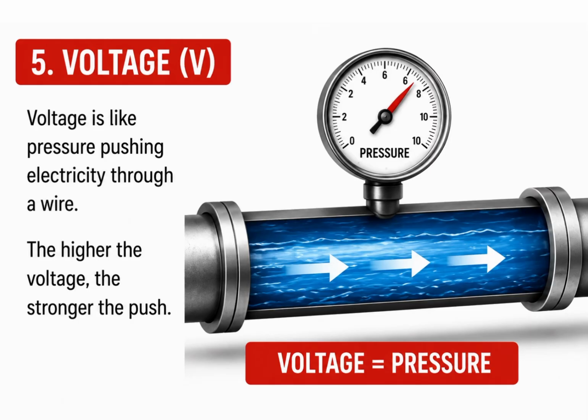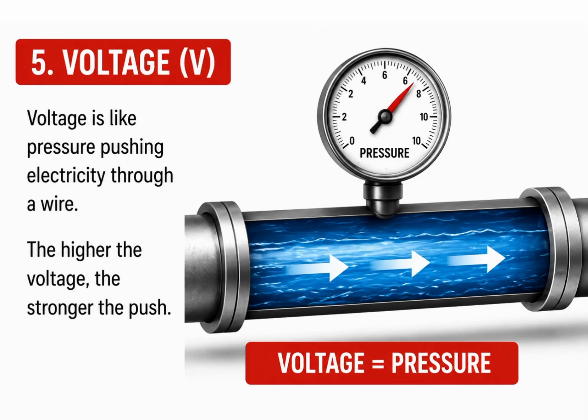So now I'm going to start explaining voltage, and I'm going to use the water analogy, like we always use to explain this, because a lot of people have seen how water flows through a pipe or through a tap. So using this analogy makes it easier for people to understand. Comparing the current flowing example to the water example, voltage is like the pressure pushing electricity through a wire.